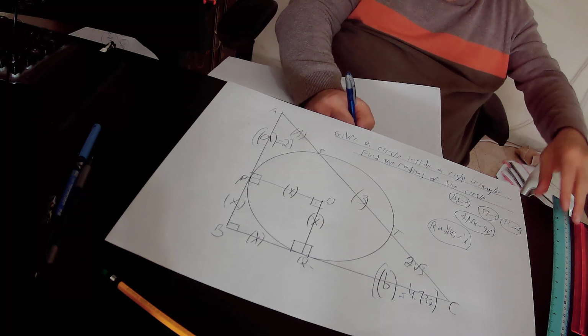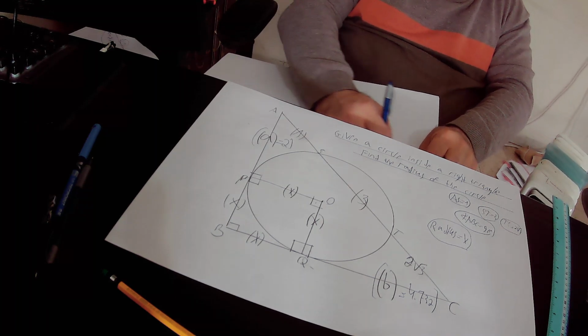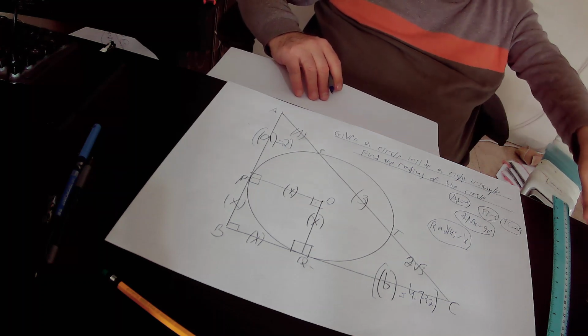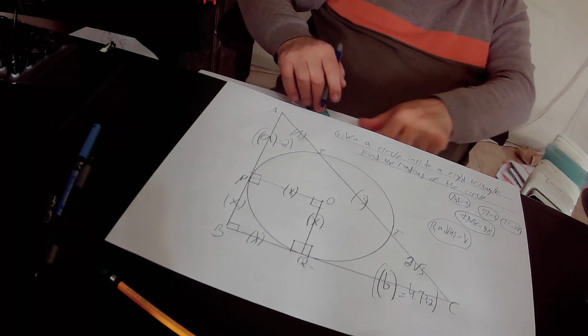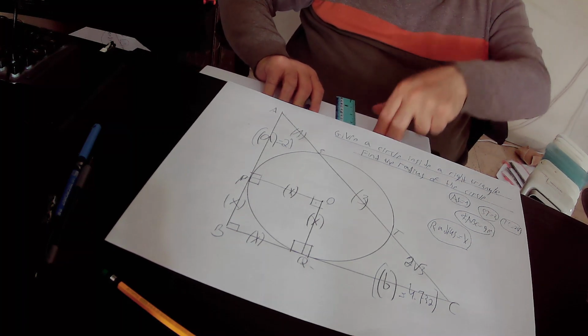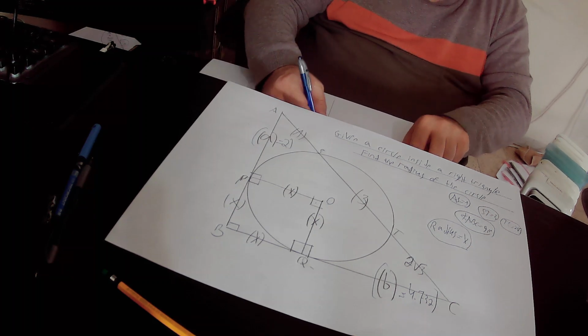According to the Pythagoras theorem, in any right triangle, the square of the hypotenuse equals the sum of the squares of the perpendiculars. The hypotenuse in this right triangle, triangle ABC, is AC, therefore the square of the hypotenuse is AC squared.